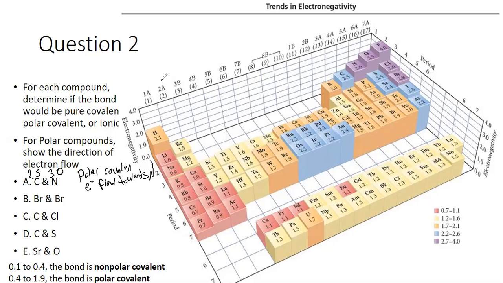Now I do have a poll for you to answer so I can see how everyone's doing. Tell me for the remaining B, C, D, and E, what type of bond they are. And if it's polar, tell me which way the electrons are flowing.